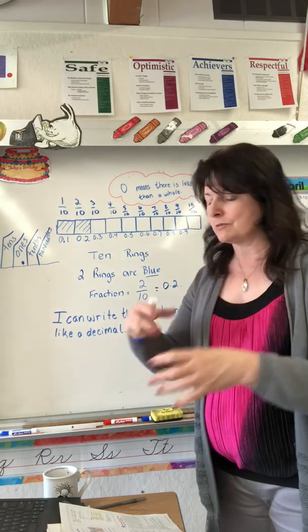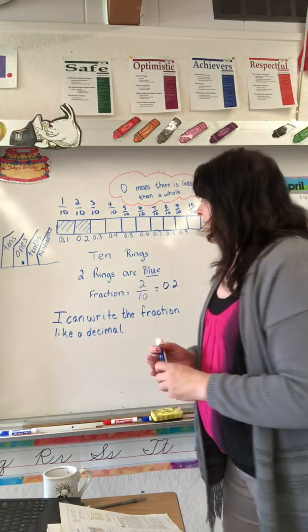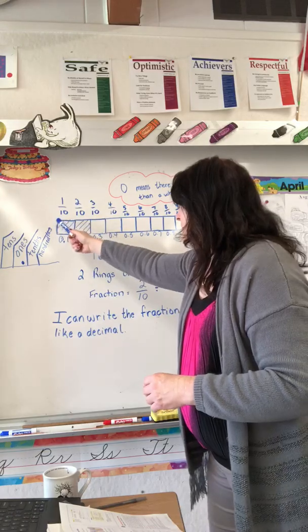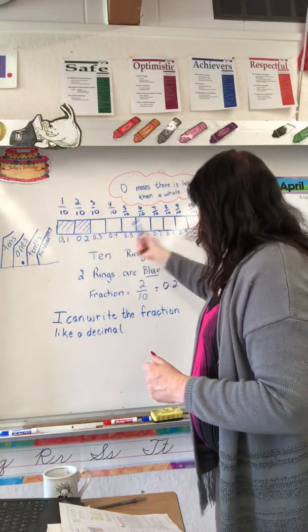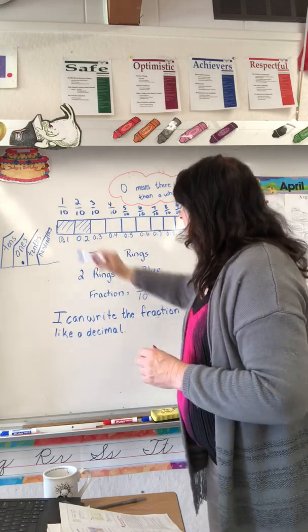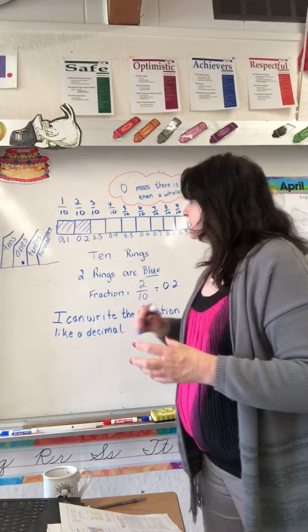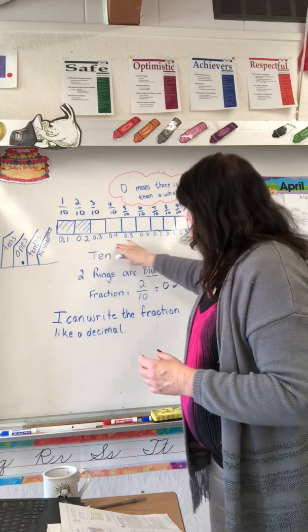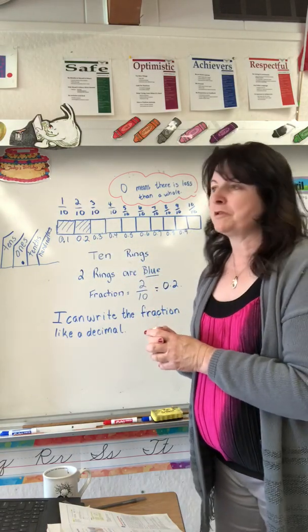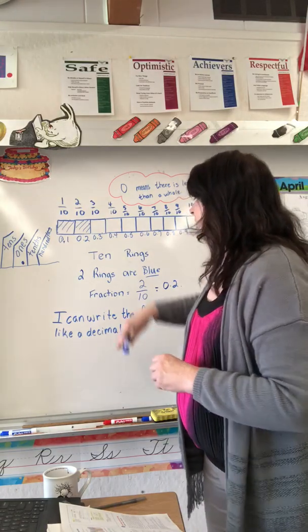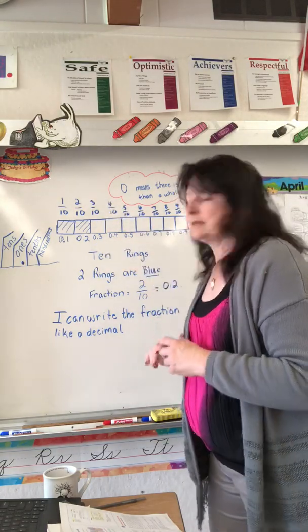Find 10 markers, just randomly pluck them out and draw your little rectangle like this, divide it into the 10 equal parts, write down your tenths, and then also write down your decimals, and then kind of play a little game with yourself. Oh, how many are green? Maybe 3 out of 10 are green, so 3/10, 0.3.